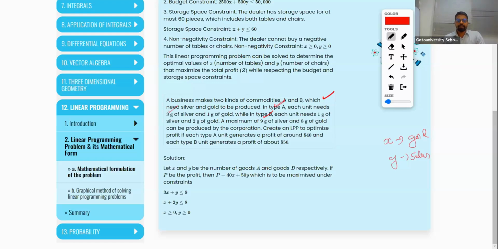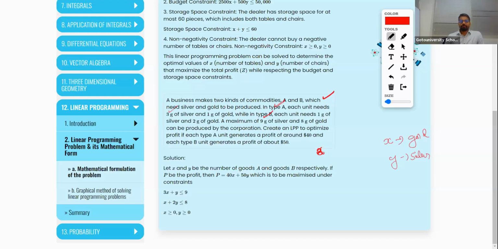9 gram of silver and 8 gram of gold can be produced by the corporation. Okay, so create an LPP to optimize the profit. Each type A unit generates a profit of around $40 and each type B unit generates a profit of about $50.